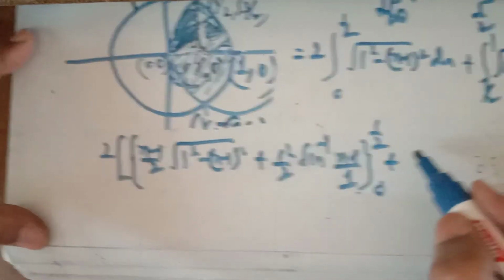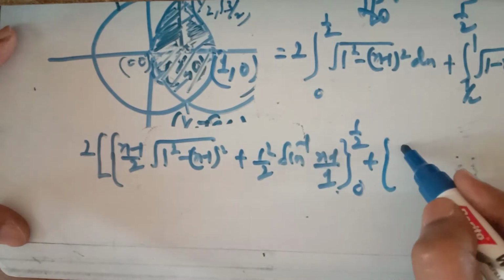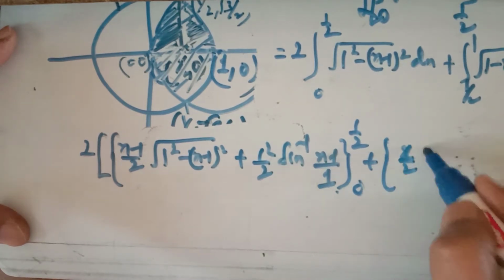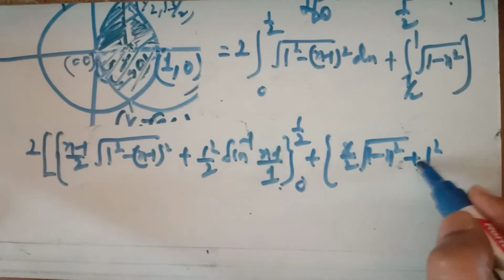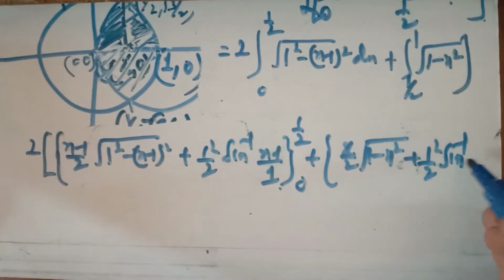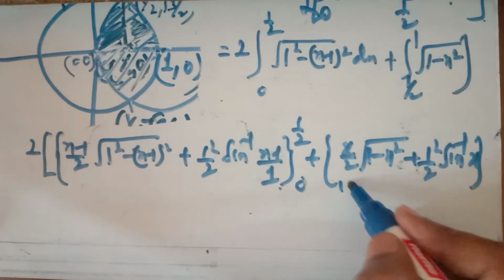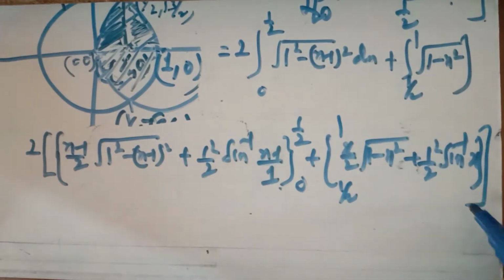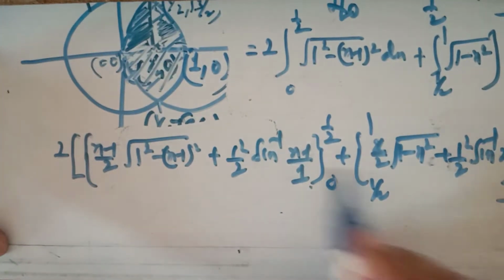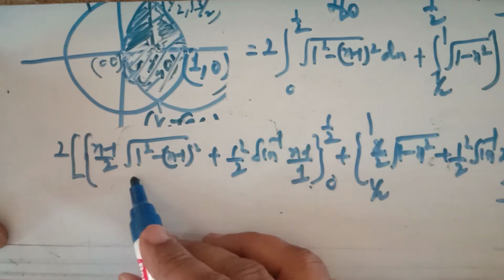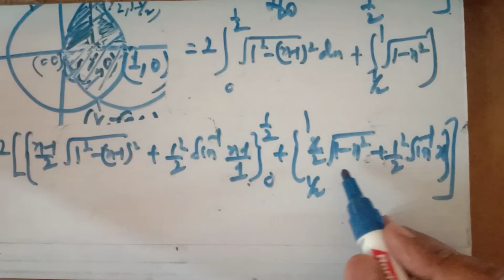And similarly here it will be x by 2 under root a square minus x square plus a square upon 2 sine inverse x upon a, and their limit is from half to 1, and twice.